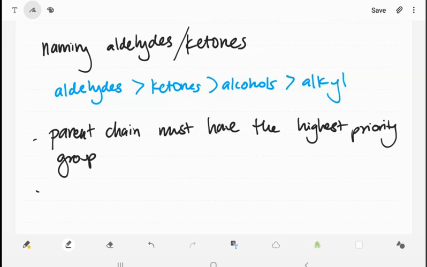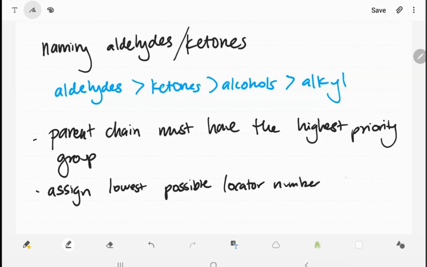So right now we know aldehydes, ketones, and alcohols. Those are the things that have priority over alkyl groups. So you're always going to want to have your highest priority group as part of your main chain. And then we also want to assign the lowest possible locator number to the highest priority group.